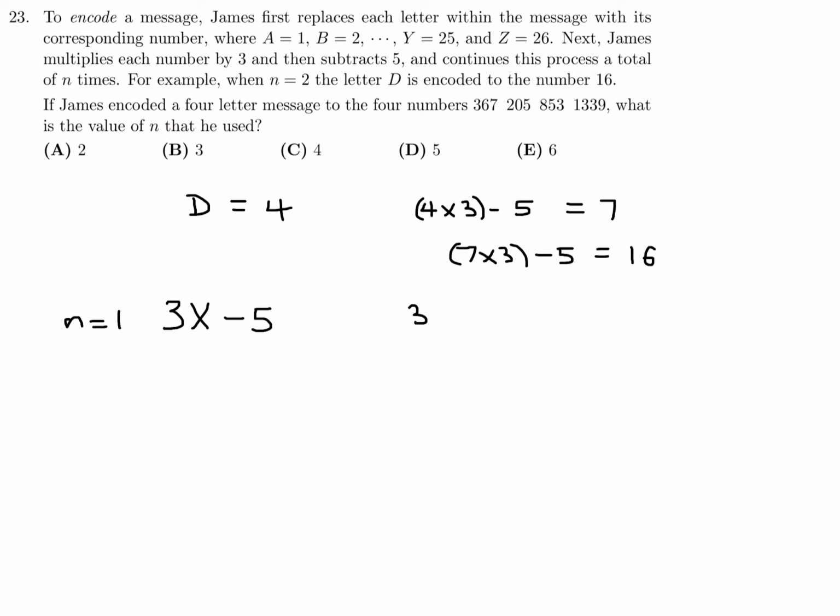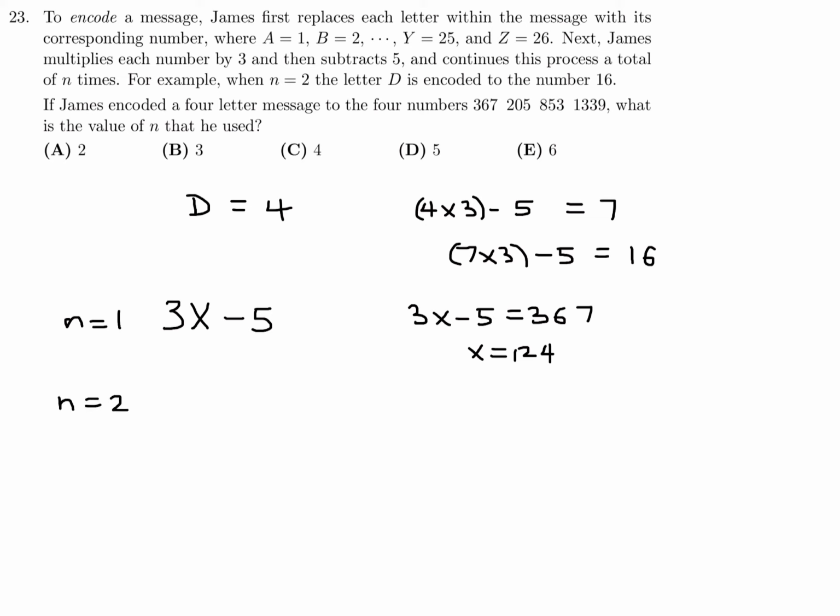Well, that would mean that 3x minus 5 would be 367. Solve for this, and you get x is equal to 124. Now, that's not possible because the largest value that you can get for any particular letter is 26. So, obviously, I can't get 124 as a letter. So, n obviously is not 1, and that's not a surprise.